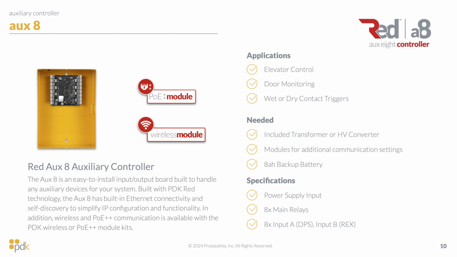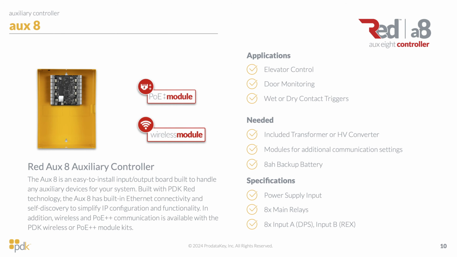The aux8 is a little more interesting because this doesn't conform to the typical reader input, A input, B input, and so forth. This has 8 ports, and each port simply has 1 input and 1 output. So that means that you can tie in up to 8 inputs and 8 outputs, or one or the other.